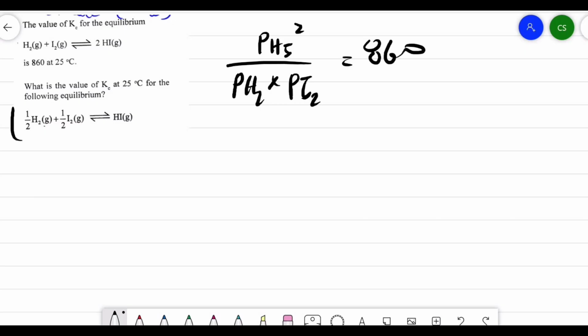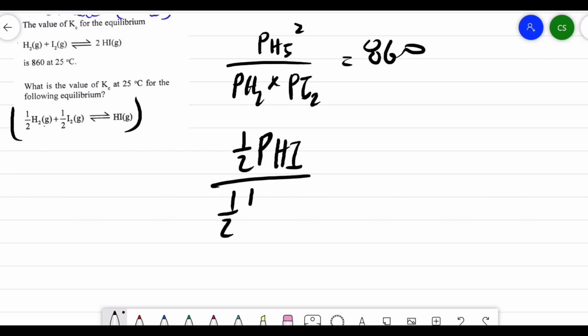Now, looking at this equation, you can see that everything was halved. So you would end up with half the partial pressure of HI squared over half the partial pressure of H2 times half the partial pressure of I2.